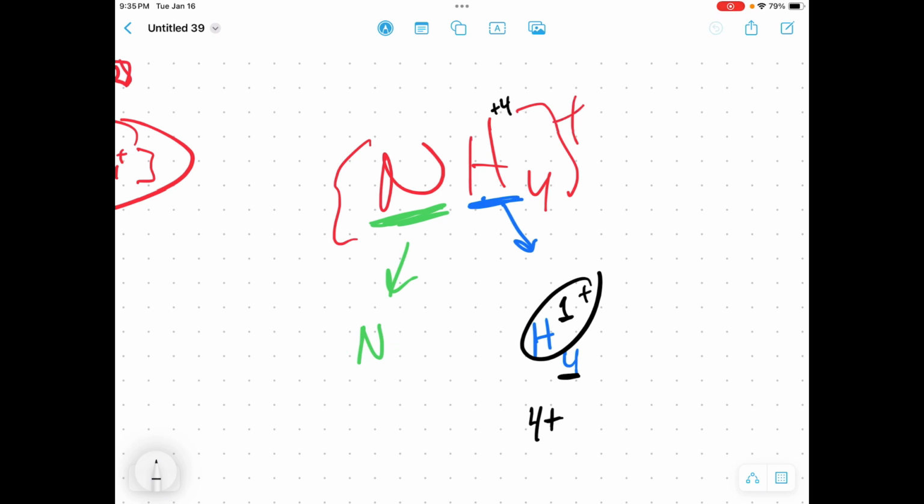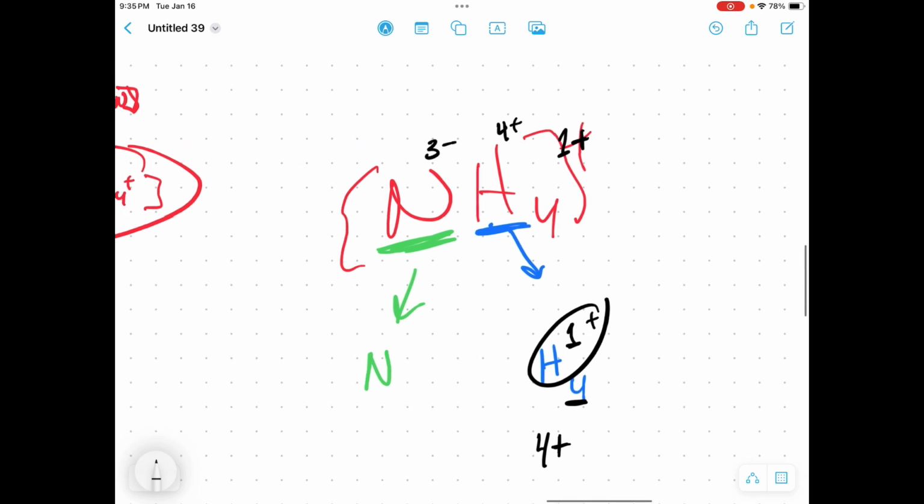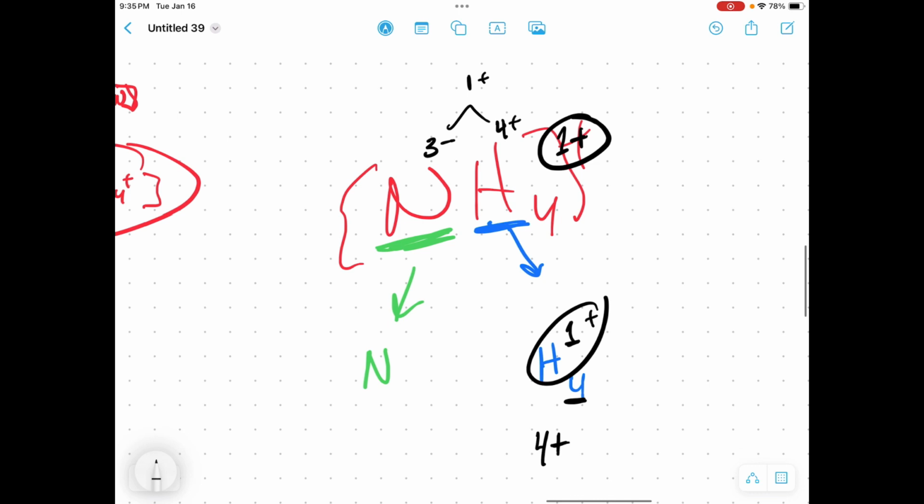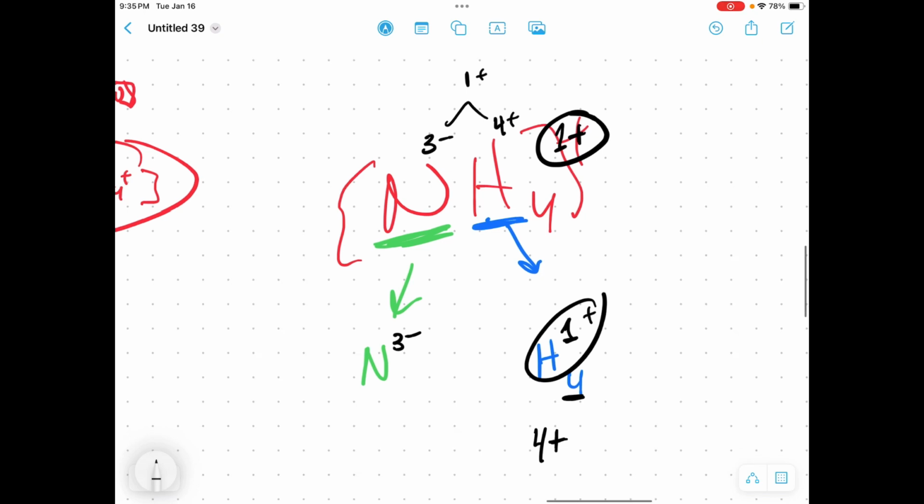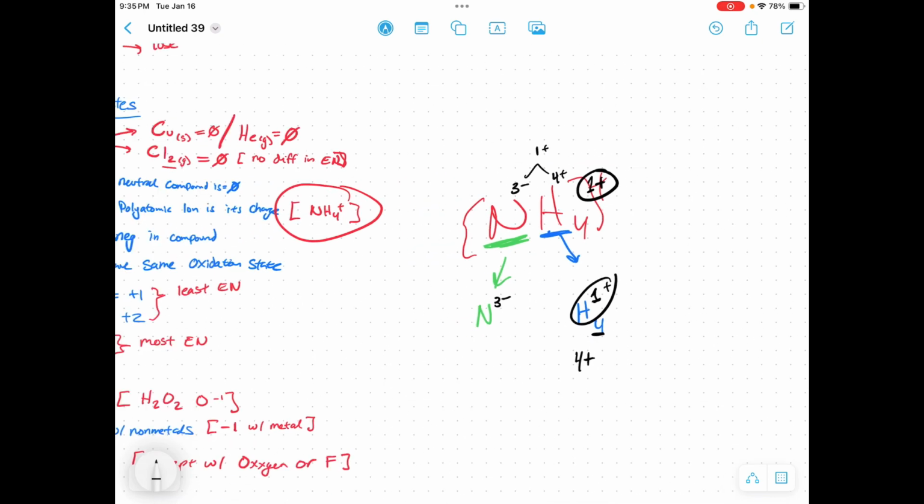We need to flip those numbers. Hydrogen was 4 plus. I need to end up with 1 plus. So I'm going to do 3 minus. So when I combine these two numbers, negative 3, positive 4, gives me 1 positive. And that's what I want to end up with. So I would say my oxidation state for nitrogen is 3 minus. My oxidation state for hydrogen is 1 plus. And that gives me that overall charge of 1.